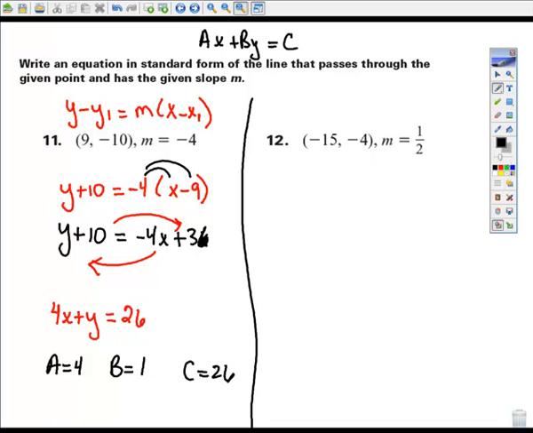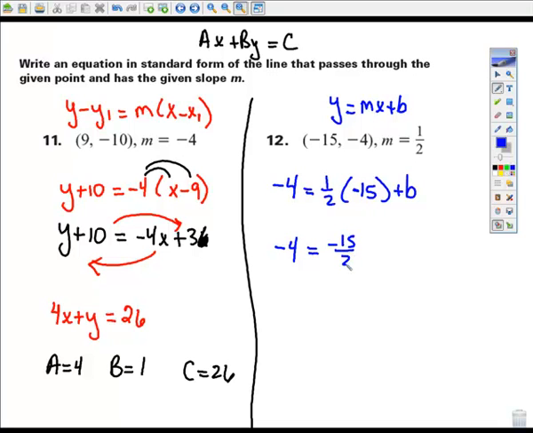Now the second one I said I was going to do in slope-intercept form, so recall y equals mx plus b. So y is negative 4 equals m times x plus b. So I get negative 4 equals negative 15 halves plus b. So I need to add 15 halves so that I can solve for the b.